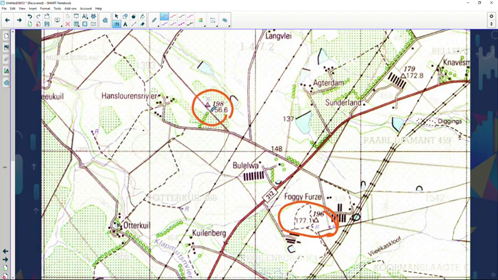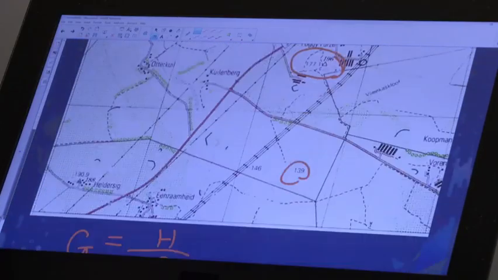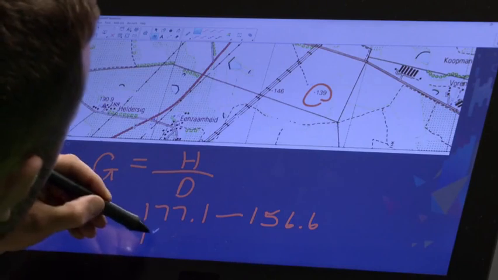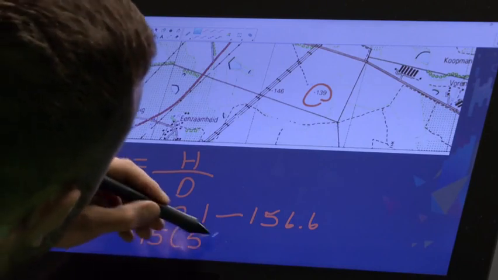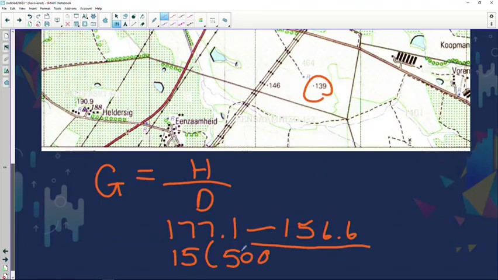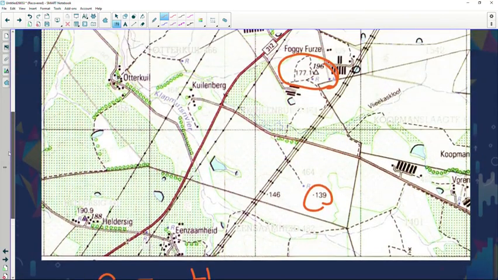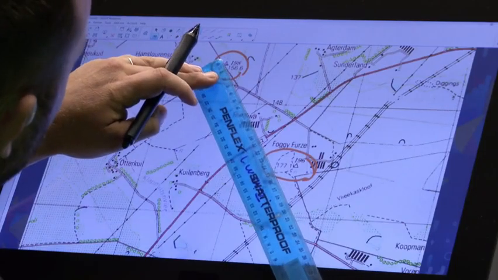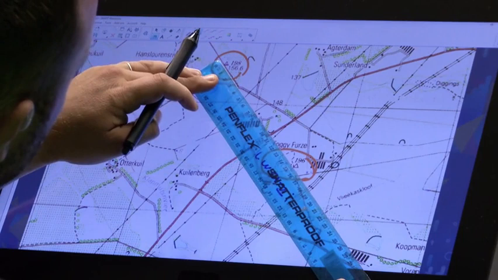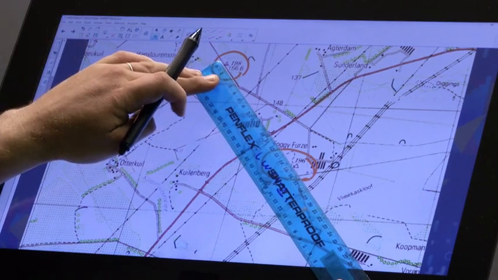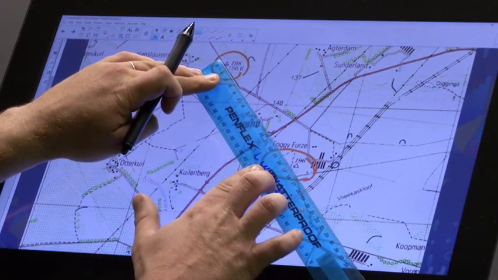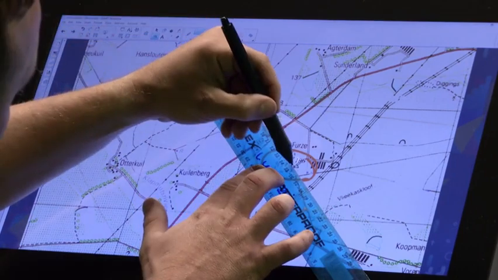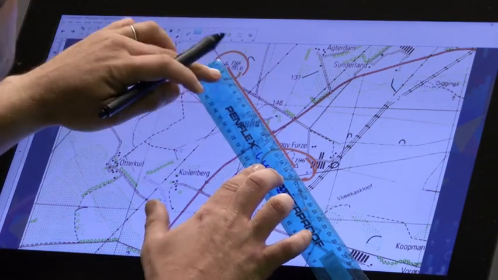Because we express gradient in meters, what do we do with this 15 centimeters? 15 times 500. If you look at the measurement quickly, from the one trig beacon to another one, you can see it's exactly 15 centimeters from there to there.